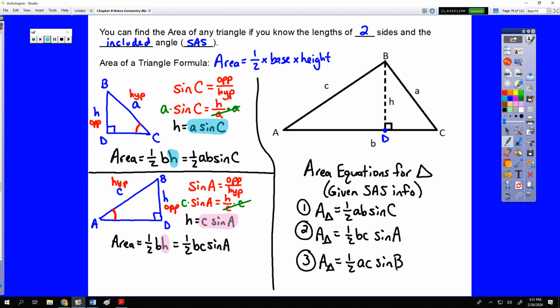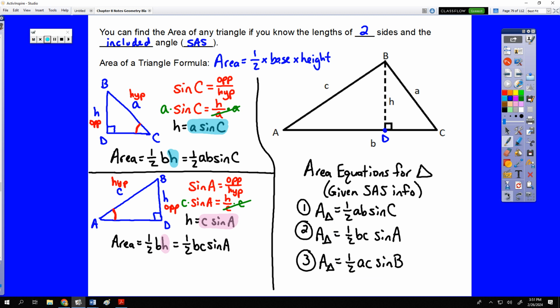Now I'm also going to use these very quickly to prove the law of sines algebraically. This is where the law of sines comes from, because all three of those area equations are finding the area of the same triangle, triangle ABC, which means that all three of these expressions are all equal.